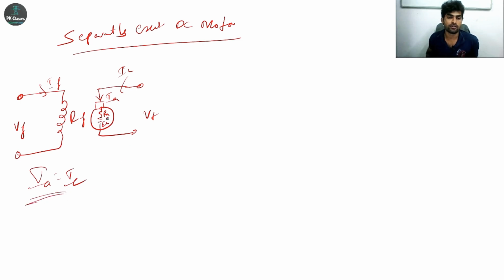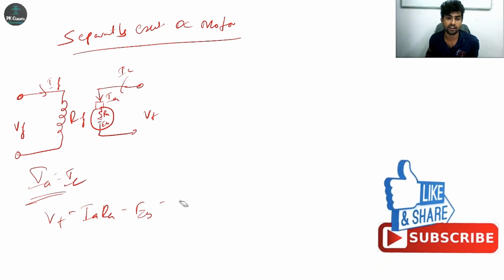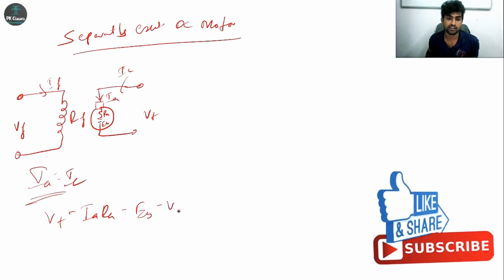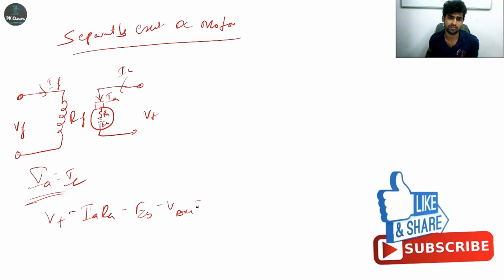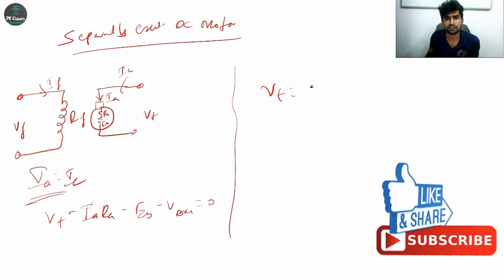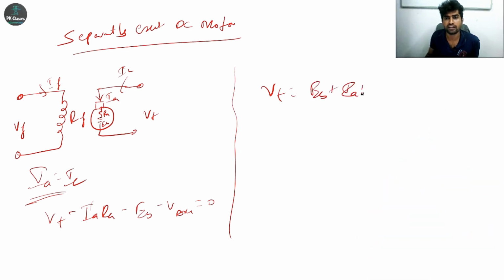And if you want to calculate EB, VT minus IA RA minus EB is equal to 0. You add here itself the brush contact drop: minus V brush drop, because the IA RA drop will be there, and the brush drop you also add, is equal to 0. Finally, VT is equal to EB plus IA RA plus VBCD, the brush contact drop.